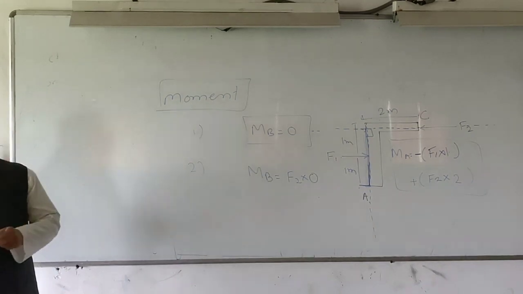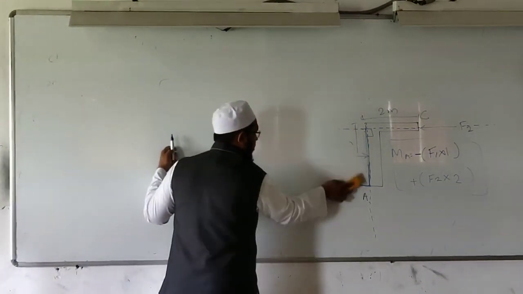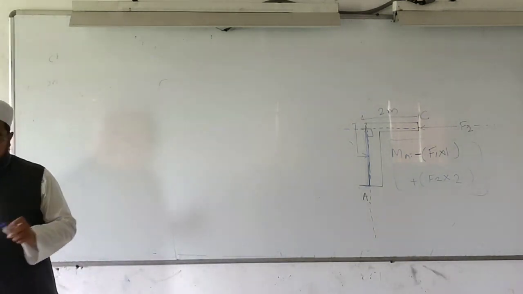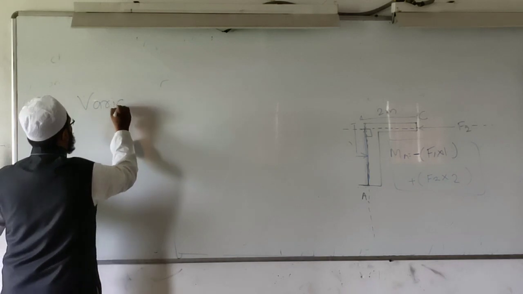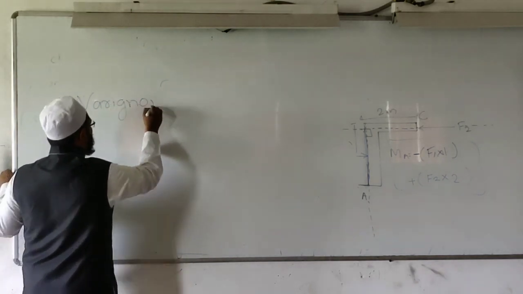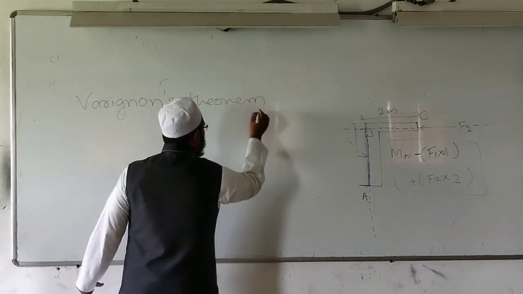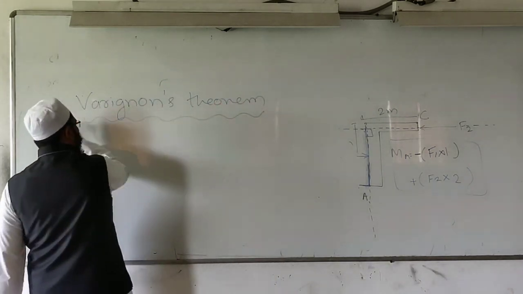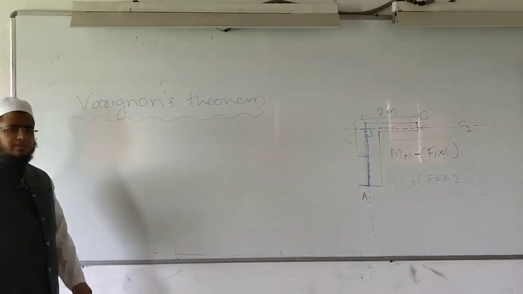Now, to find the position of the resultant in a non-concurrent force system, we have to use Varignon's theorem. It is also called the theorem of moments. What does Varignon's theorem state?